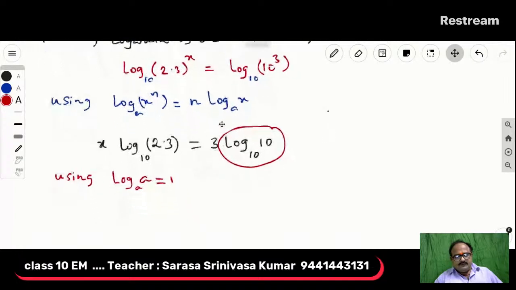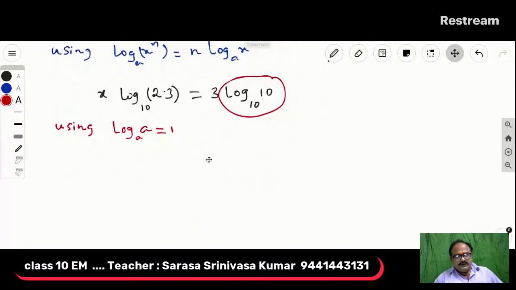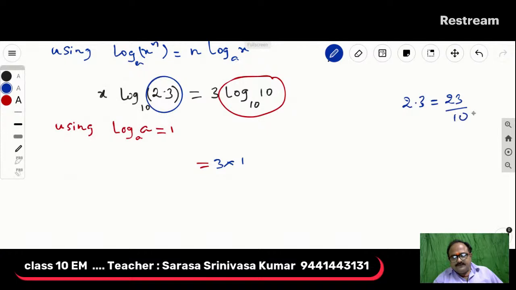Using this formula, we can write the right hand side equal to 3 multiplied by 1, and on the left hand side we have 2.3. 2.3 can be written as 23 by 10.